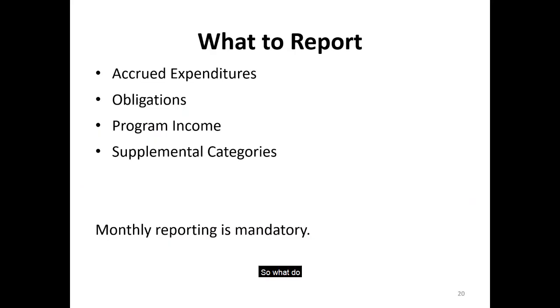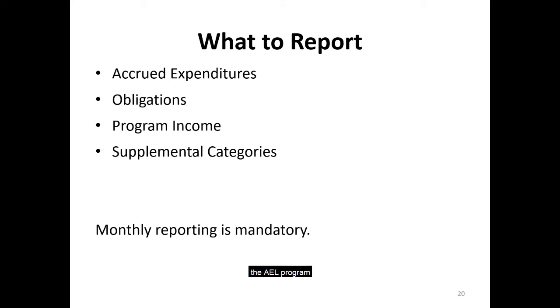So what do you report on the expenditure side? Accrued expenditures, obligations, program income, and supplemental categories if they're required.